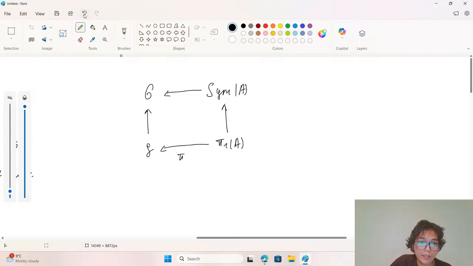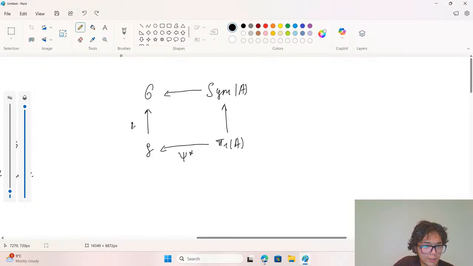I called it psi star, and then it is P, because it's the dual notion to the projection.